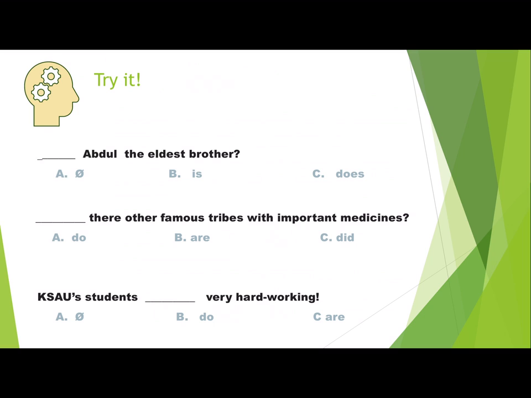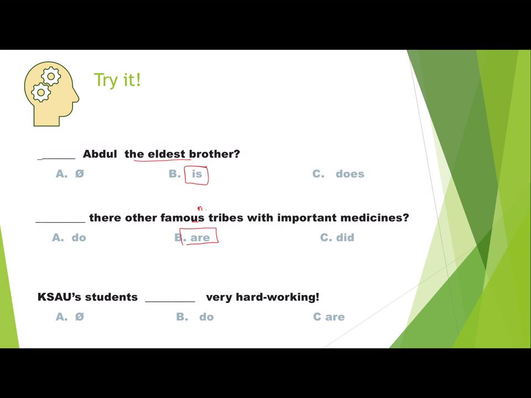Okay, try it. So there are 2 slides. There are 6 questions. Try it, pause the video, and come back when you're ready. Okay, welcome back. Is Abdullah the eldest brother? Comparison, superlative. Are there other famous tribes with important medicines? Noun, position, or function.